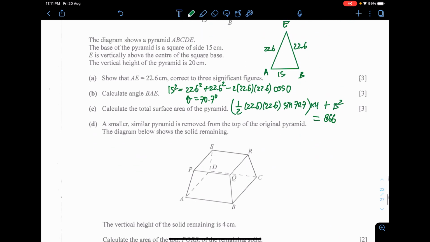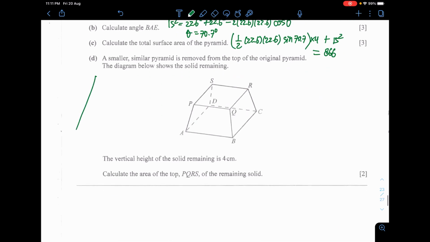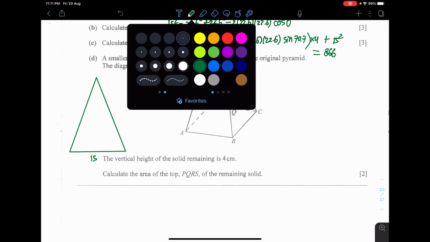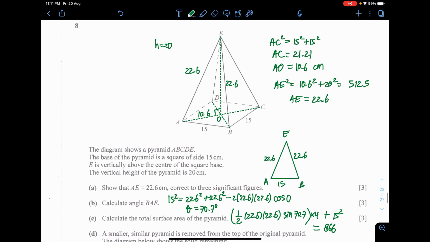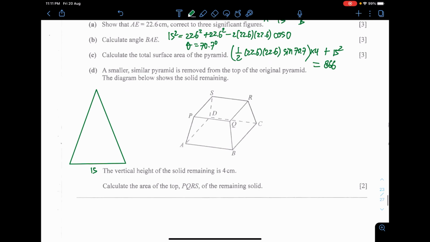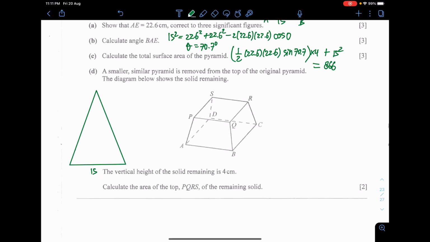Just like how I drew the EAB here just now, I want to draw a bit larger though. This is the EAB such that the base is 15. Now I actually cut somewhere, such that from the height of 20, the height was 20, you actually cut a little bit left here.